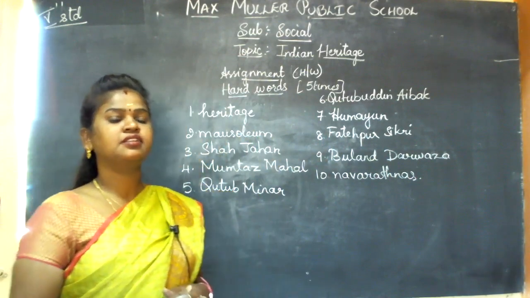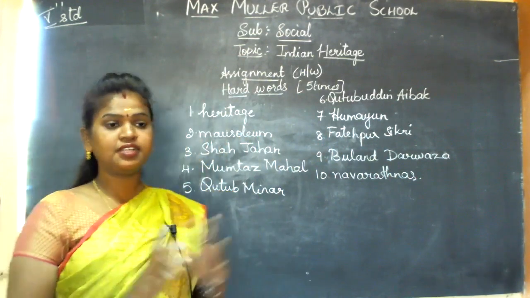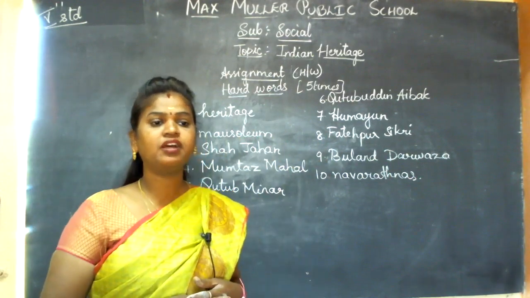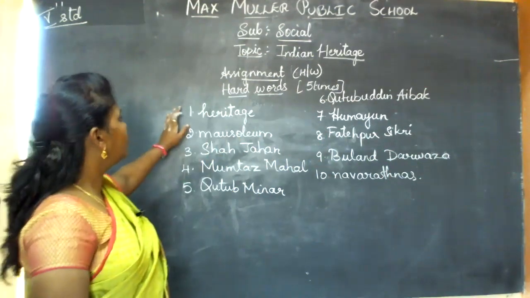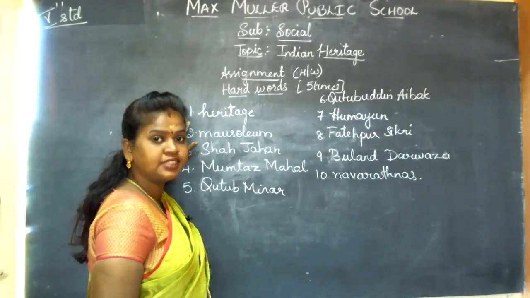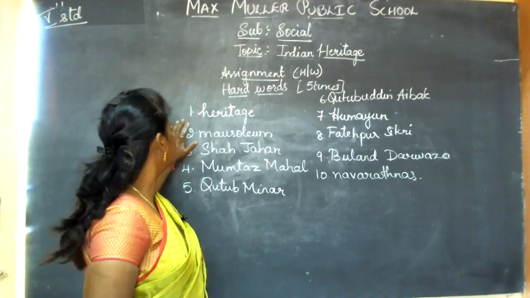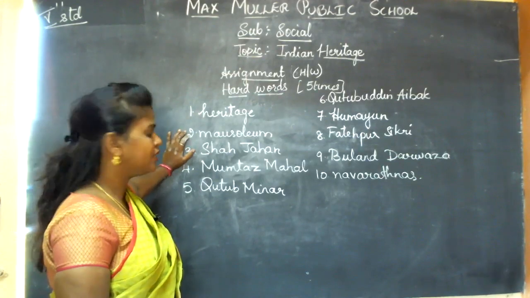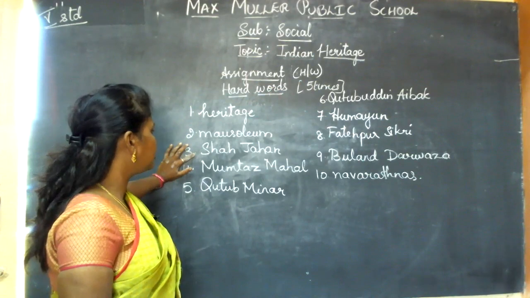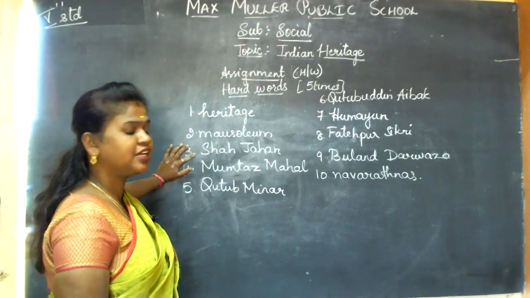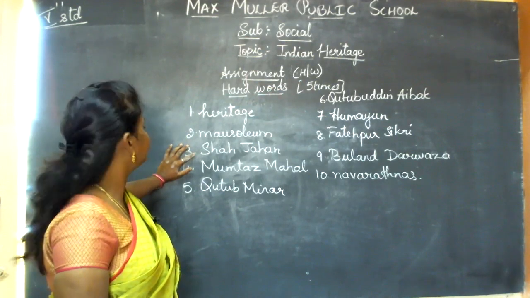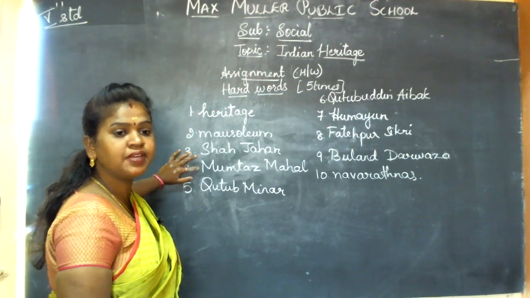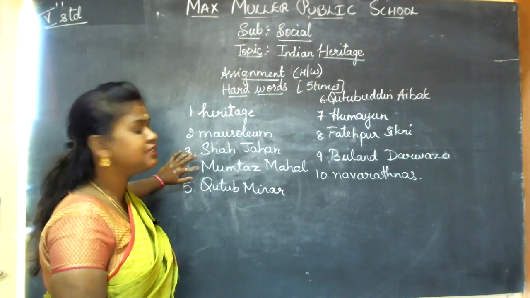I just read them out once. Listen carefully, and when you come, I'll ask you the spellings. First word, heritage. Mausoleum. Shah Jahan. Mumtaz Mahal.